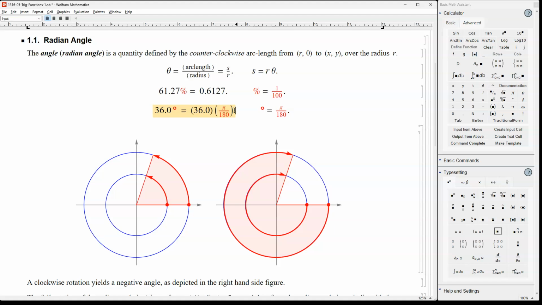Angle is a unitless quantity, so it's not actually a measurement. It's just real number arithmetic. And then in the end, convert it back to degrees. That's how you do your computation correctly. And at the 13, 16 level, that's not going to cause a humongous deal of trouble because you don't really have a lot of serious computation with degrees here.